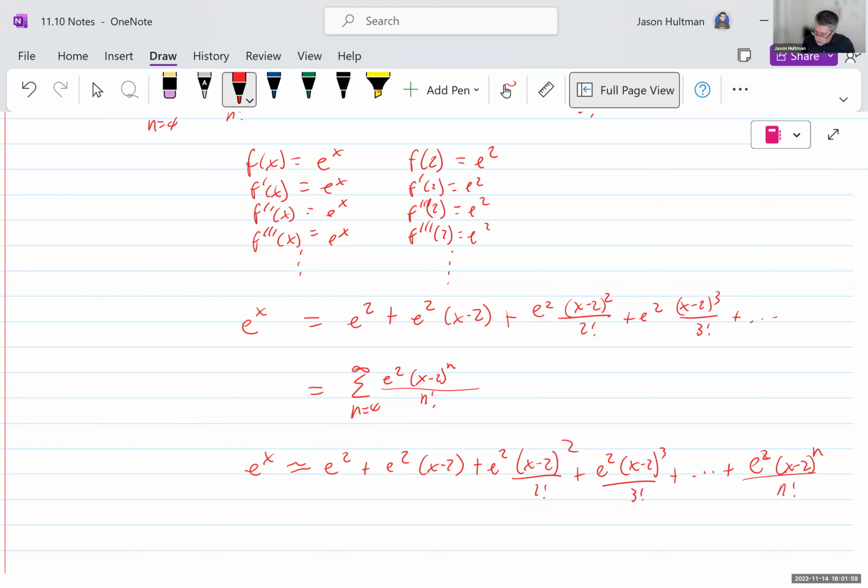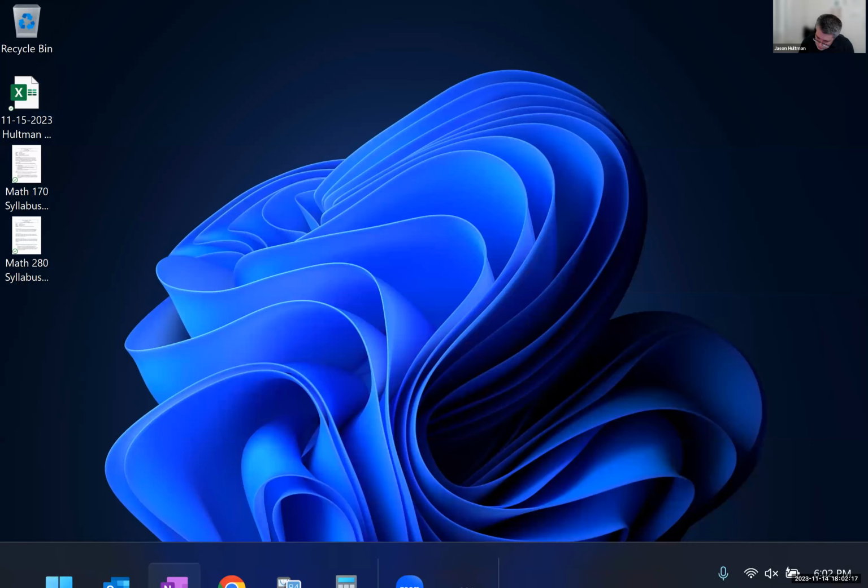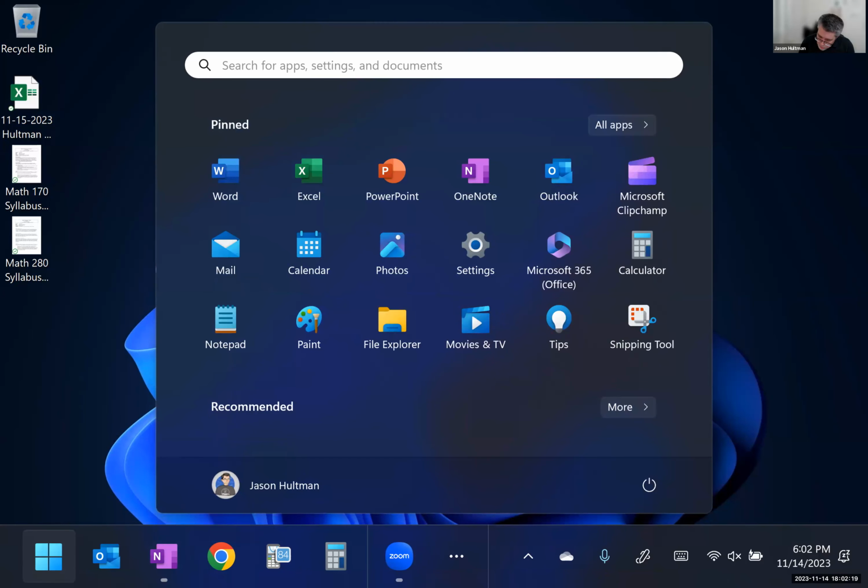Okay, let's see this in action. I think we can get a lot lost in the sauce by just seeing numbers on a page and letters on a page. Not a lot of numbers, a lot of letters. So let's go to Desmos and see what we are actually doing here.